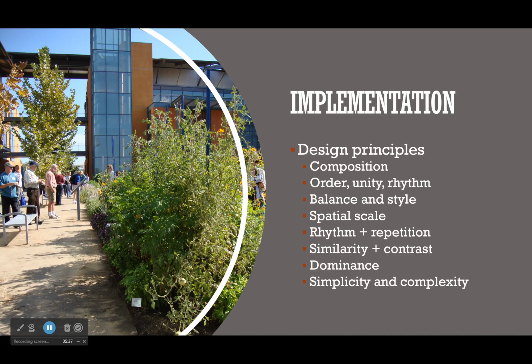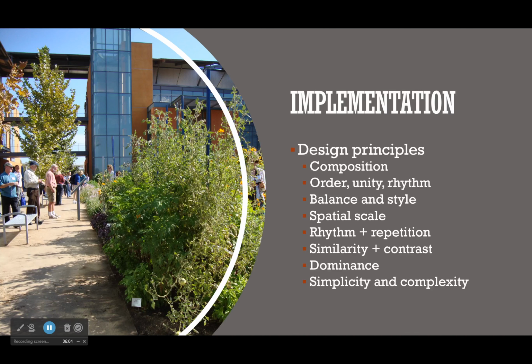The spatial scale within the landscape is much larger than it is indoors. So a lot of people try to put an 8-foot entry into your landscape. Well, that's actually very small when you're looking at the landscape. You actually want to increase that to 10 to 15 feet instead of an 8-foot height.